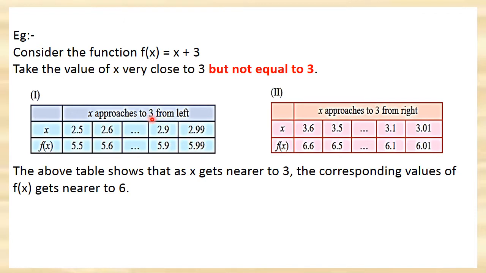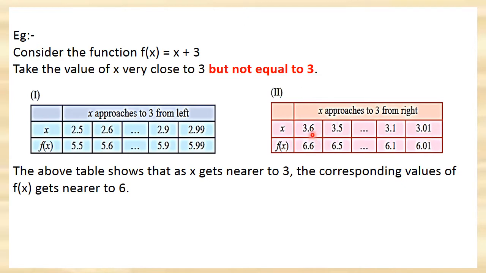Now this is the case from left. Now x approaches 3 from right. That means from a bigger value x is reaching 3, that is, decreasing to 3. X is 3.6, 3.5, 3.4, 3.2, etc., 3.1, 3.01, etc. Finally, the limiting value of x will be 3.